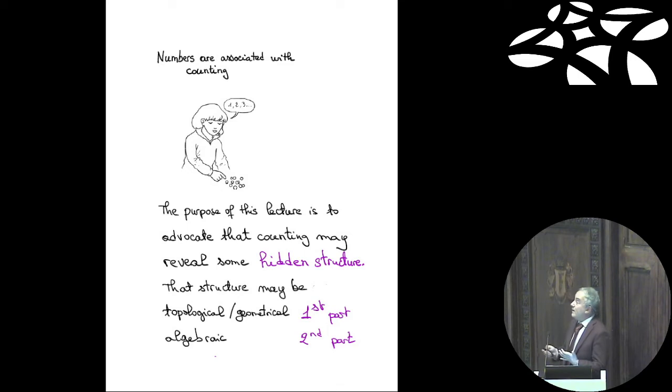This structure may be of different kinds. In the first part, we will see some topological or geometrical structure revealed by counting. And in the second part, it will be more algebraic in nature.